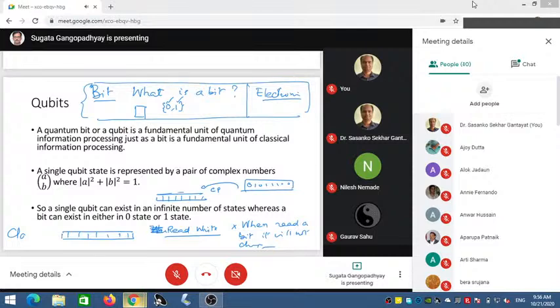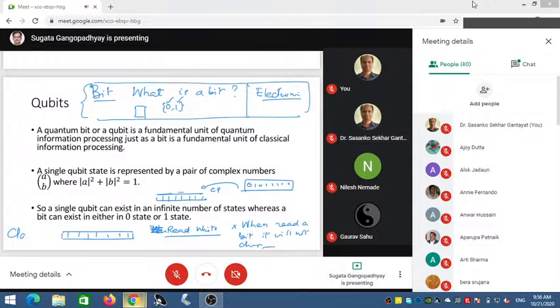We have a quantity called quantum bits, called a qubit in short, taking the q from quantum and bit from bit. Now, of course, we ask the question: what is a qubit?